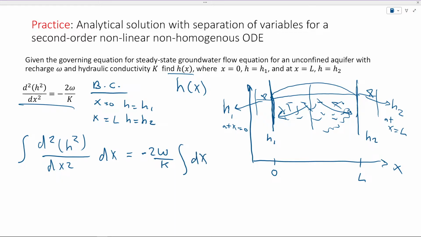The recharge w is constant, and the hydraulic conductivity is also constant.